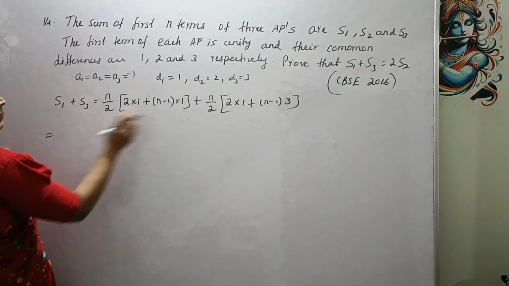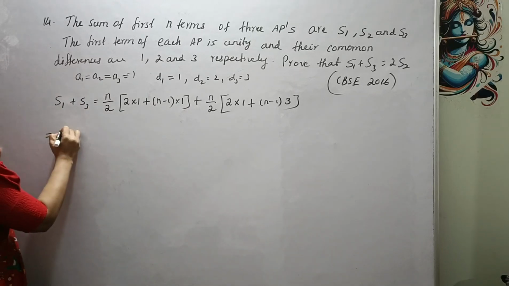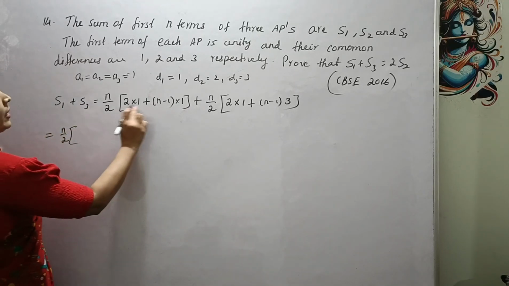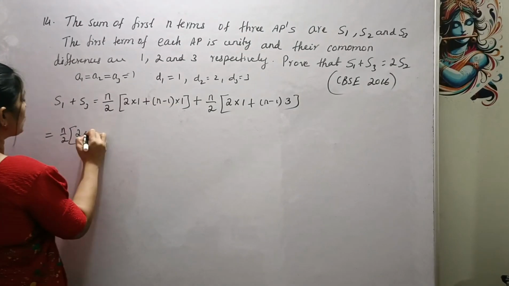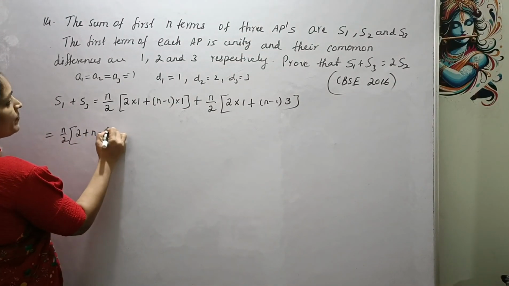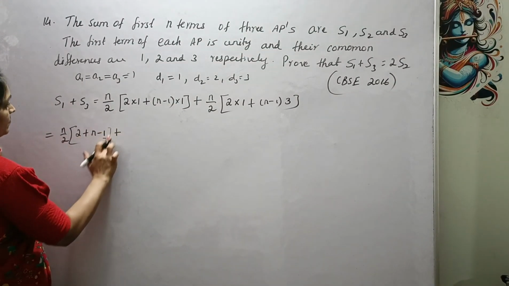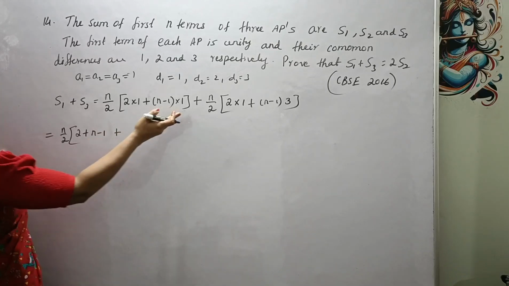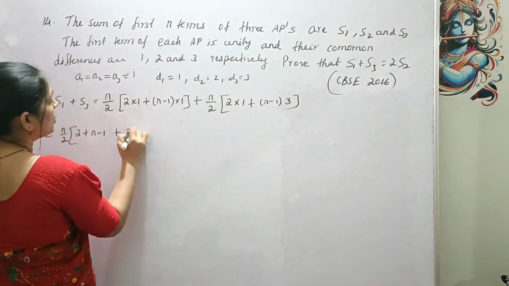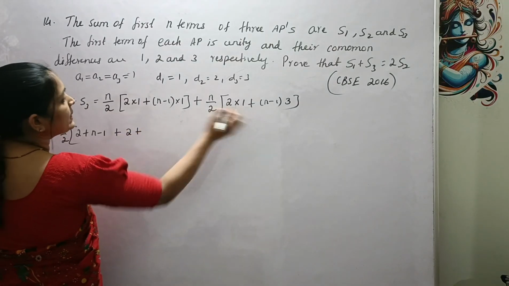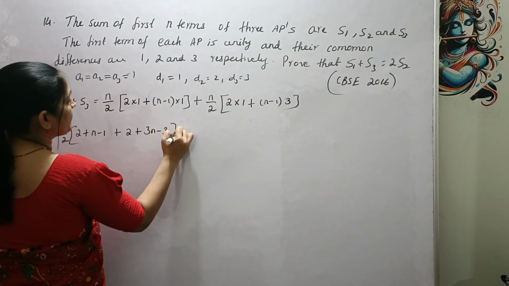That is equal to, n by 2 is common, we can take it out. n by 2 into, here 2 into 1, 2, plus (n minus 1). Plus, no need of bracket because we have taken n by 2 outside. 2 into 1, 2, plus 3n minus 3.